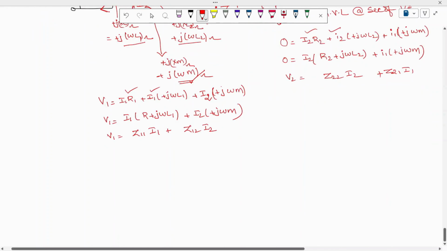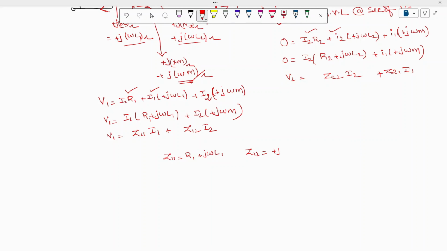So when you compare with the standard expression, the value of Z11 is equal to R1 plus j omega L1, Z12 is equal to plus j omega M, Z21 is equal to plus j omega M, and Z22 is equal to R2 plus j omega L2.